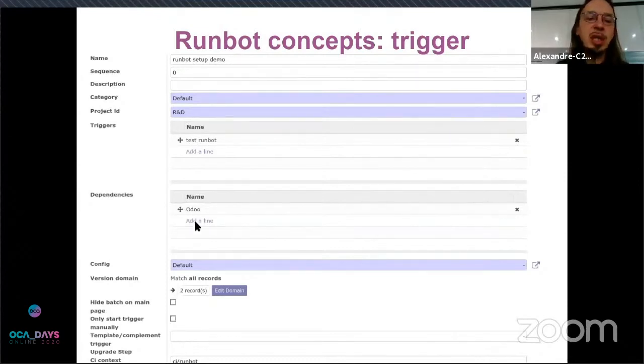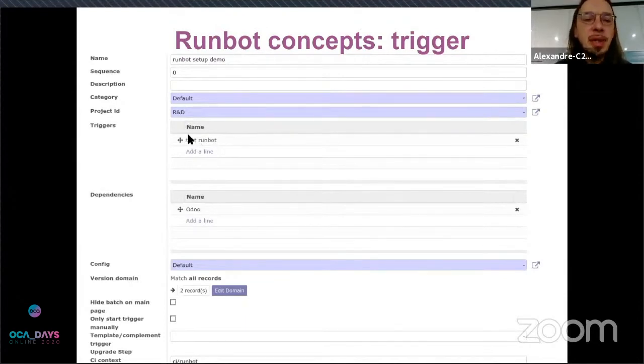Generally you will have Odoo as your dependencies. You could also have Odoo here as a trigger, and this means that if I get a new commit in Odoo, this will eventually trigger a new build. Whereas in this setup, I only trigger a new build when something happens on my test Runbot repository.